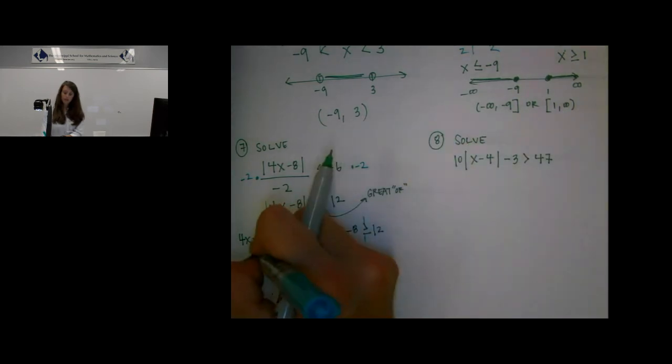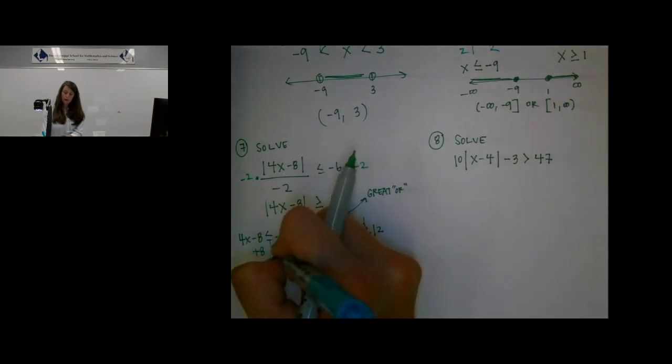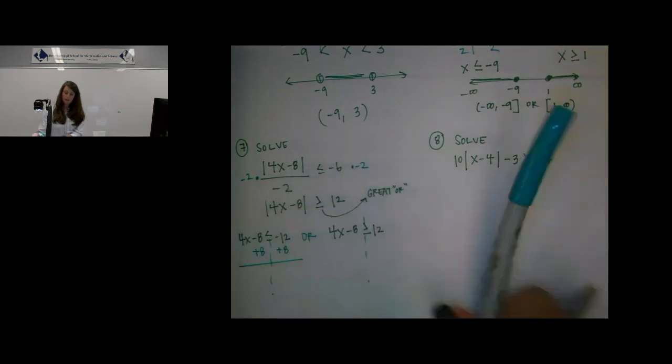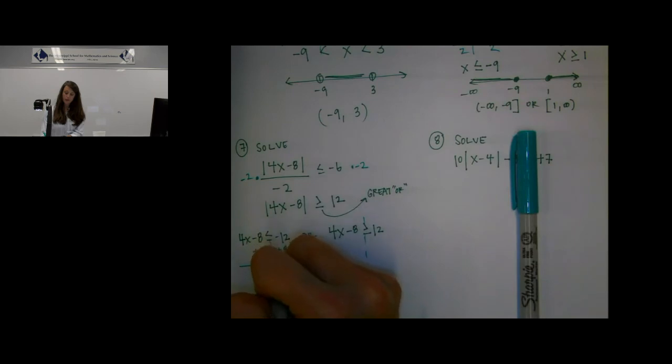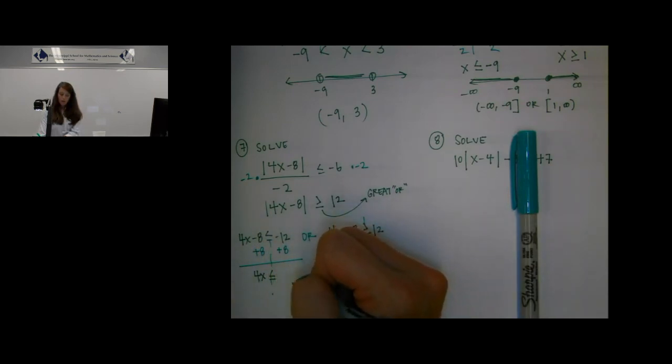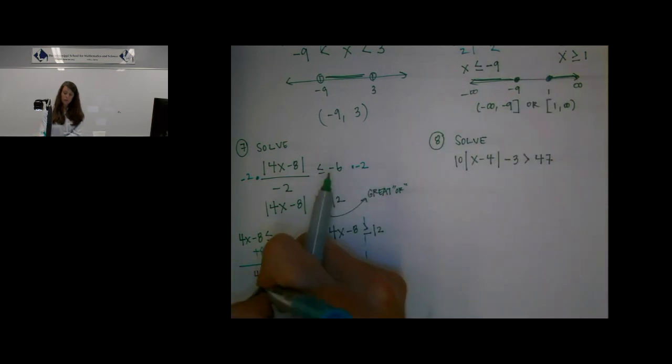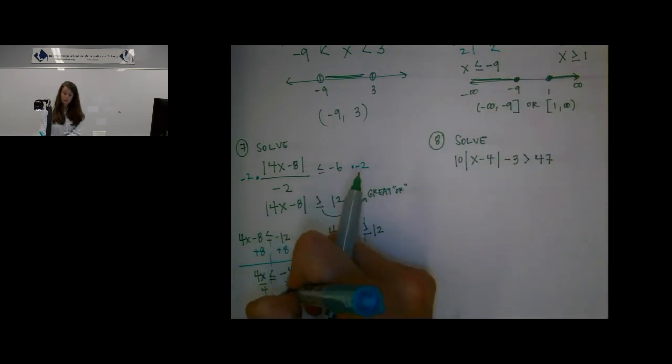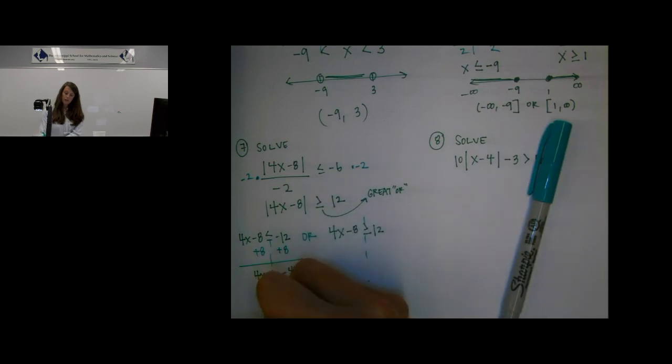Okay, so add 8 on both sides here, so we'll get 4x is less than or equal to negative 12 plus 8. Negative 12 plus 8, which is what? Negative 4. Divide both sides by 4. So x is less than or equal to negative 1.